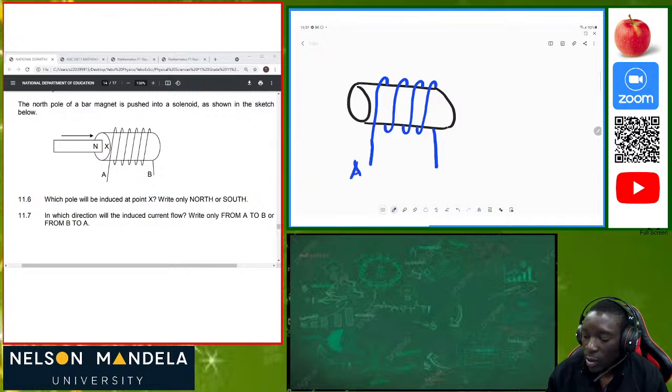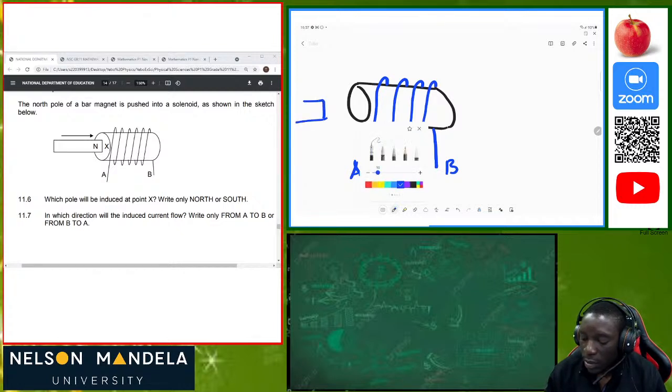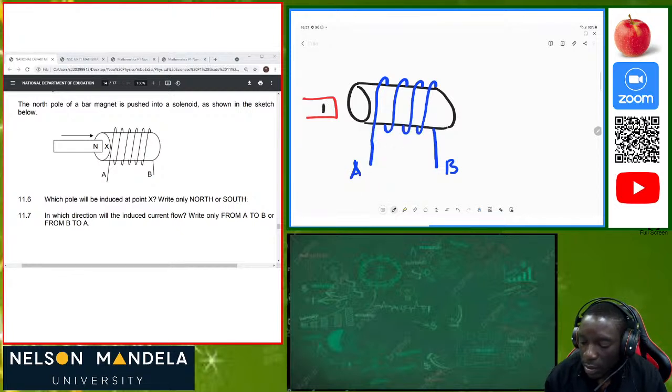Okay, so there's A there, there's B there. Then we have induced, don't forget we are bringing a north. We are bringing a north there. So when we try and bring a north, point X also creates its own north.